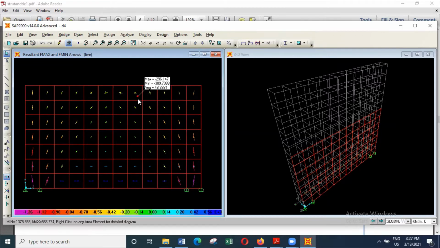So what actually happens is the loads will be transferred here, and after that it will be transferred this way, and the tension will occur here.